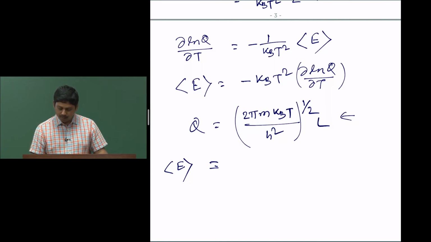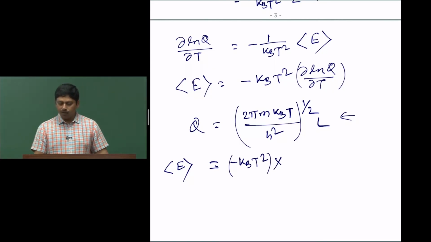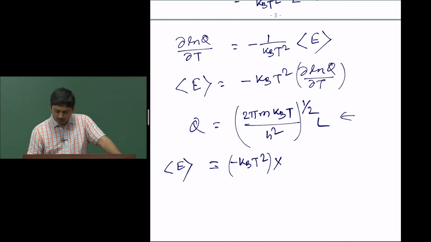So, this quantity is del ln q by del T into minus k_B T square. Minus k_B T square, first I will write it, multiplied by the differentiation of q. So, del ln q by del T is 1 by q del q by del T, which means I have to take the differentiation of this.